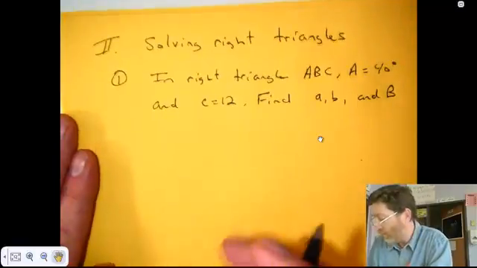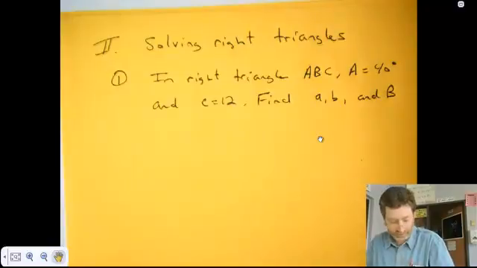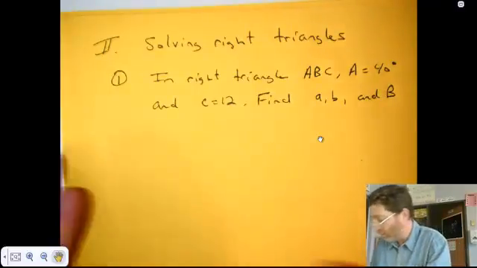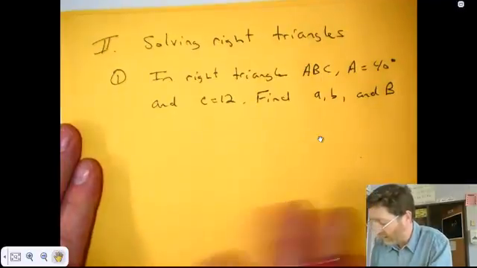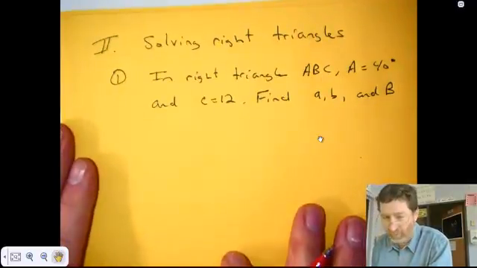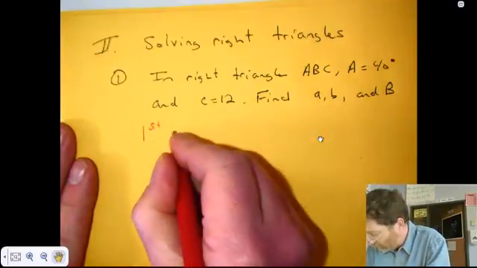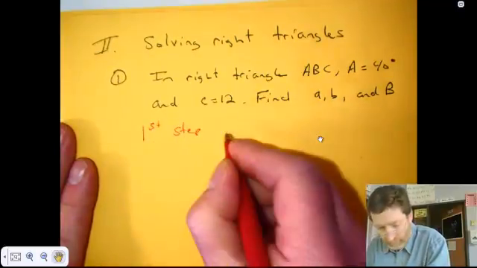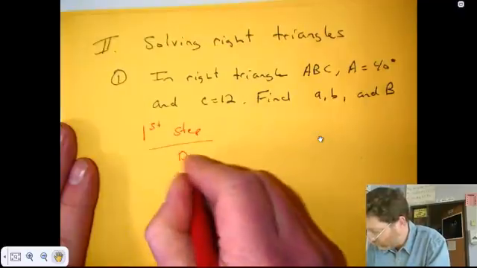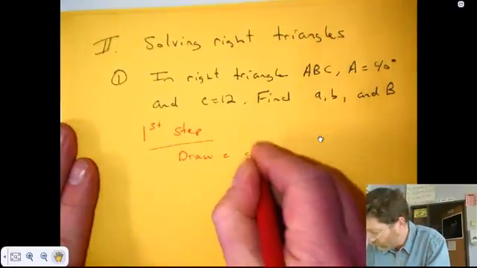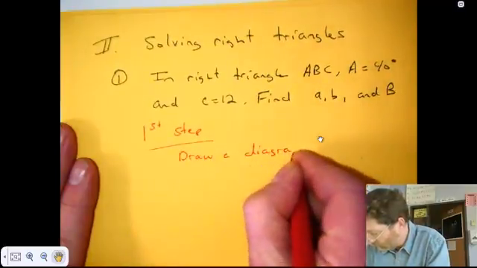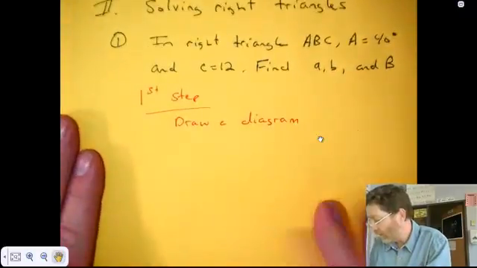Well, the first step you want to do on this is draw a diagram. And I would just draw a standard right triangle. Don't worry about getting the angles or the sides in proportion or anything like that. Just draw a standard one because you will get the orientation of things. Right, so here we have triangle ABC.